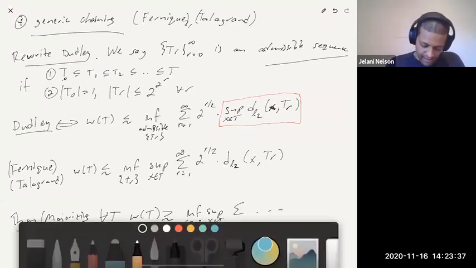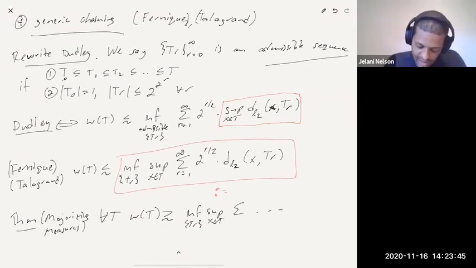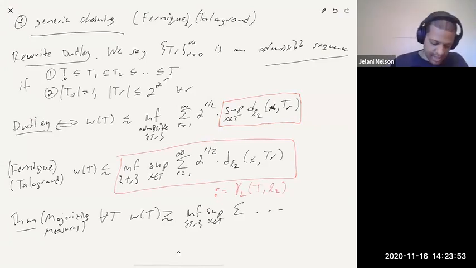Also, let me give a definition. This thing here is called gamma 2 of T with respect to L2. So the theorem is that for all T, the mean width of T is equal to, up to a constant factor, gamma 2 of T with respect to L2.